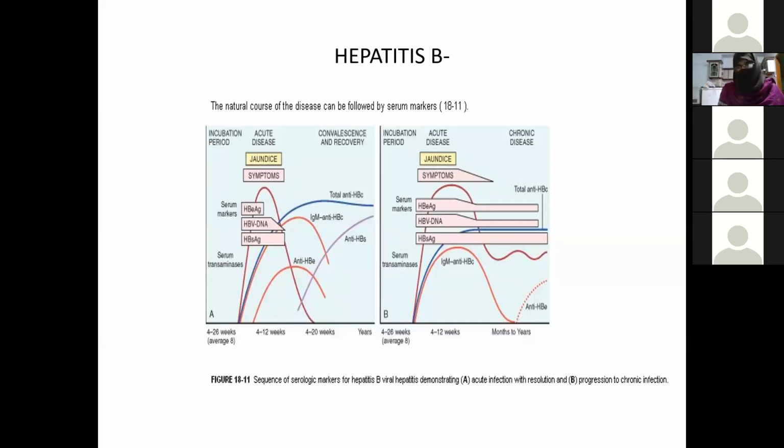Have you gone through the serum markers from Robbins by yourself? Yes, ma'am. What is your comment about the lecture? Are you getting the lectures? Do you understand what is being taught? Yes, ma'am, I got it. Okay, or you just want to get rid of it?